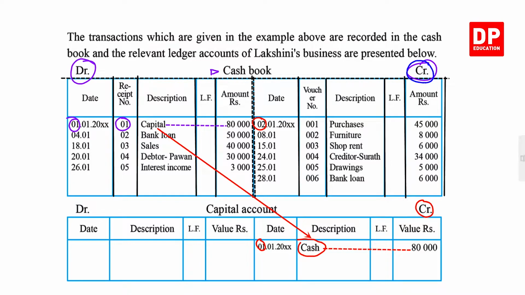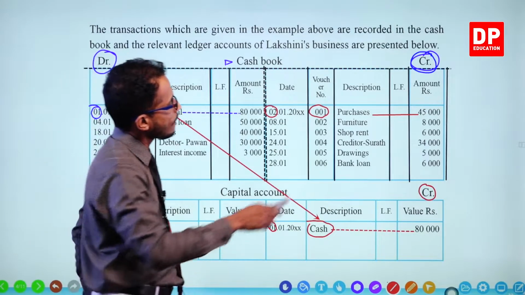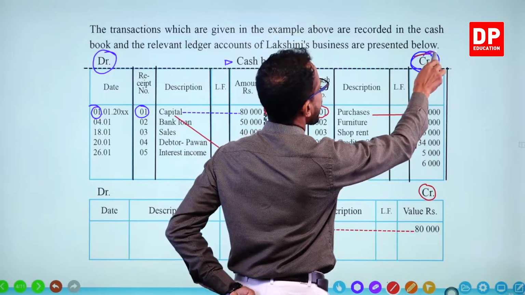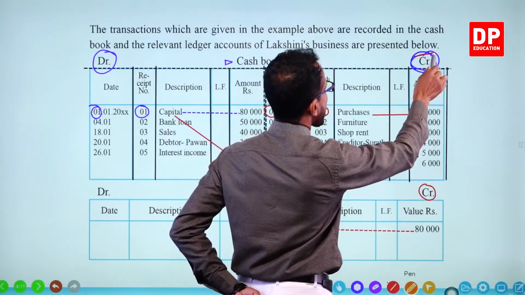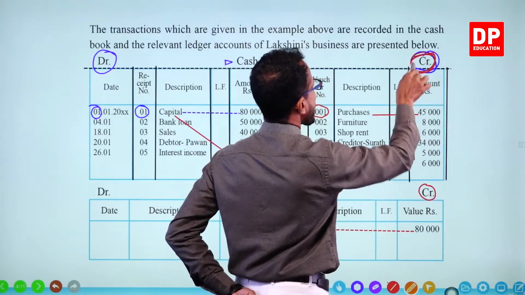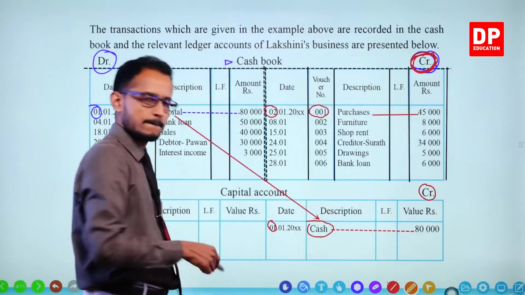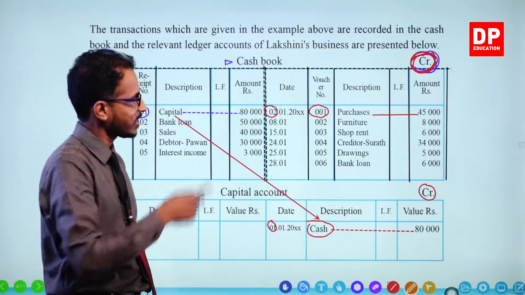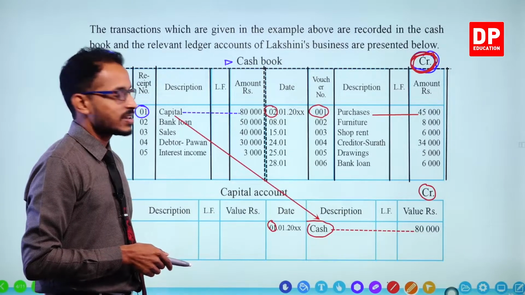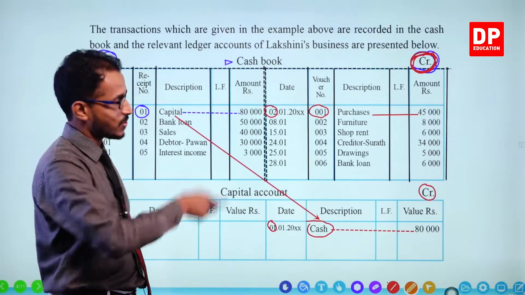Voucher number is correct. Purchases 45,000. Yeah. Cash book is credited. Just wanted to show you that it is credited.